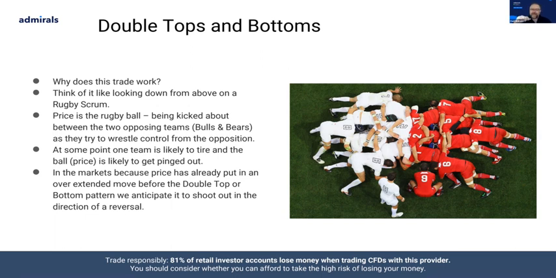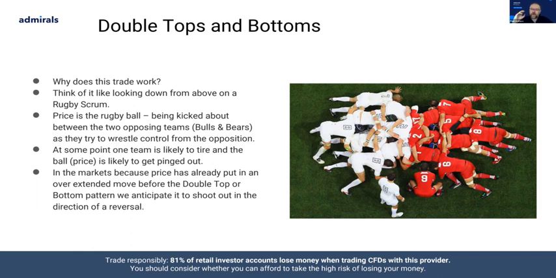At some point in a rugby scrum, one of the teams is likely to tire or make a mistake, and the ball gets pinged out, and then the play continues fast. It's a little bit like trading. In the markets, price has probably already made a move in one direction and has moved to the edges of the chart, to previous days' highs and lows, maybe to big round numbers.